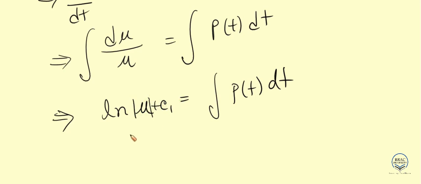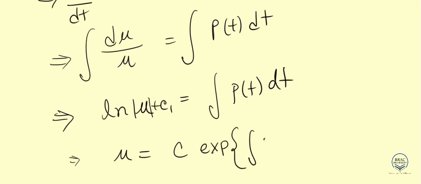And after all this is done, what you can do right now is invert this relation, that is, apply the inverse of ln, the exponential operation, and you will finally have mu equal to some constant c, that is obviously not equal to this c over here, times the exponential whose exponent is just the integral of p(t) dt.